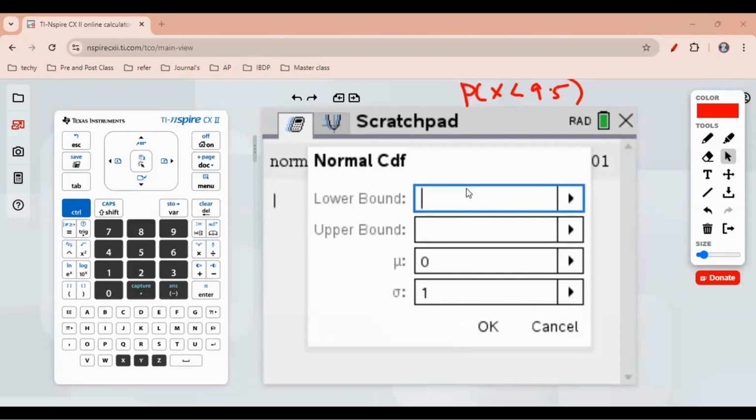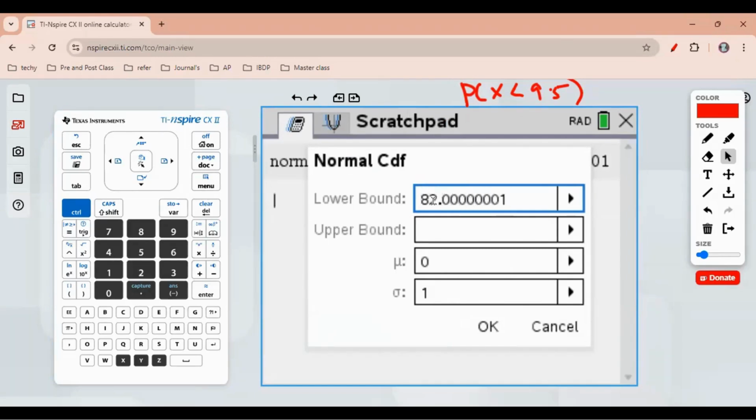So greater than the width of the box, 82. You can use 0.00001, because the exact 82 is not included. That is the lower bound, after 82 till infinity. So you can just put a lot of 9s over here. In this particular case, mu is 80, and sigma we also found, which is 0.961665.